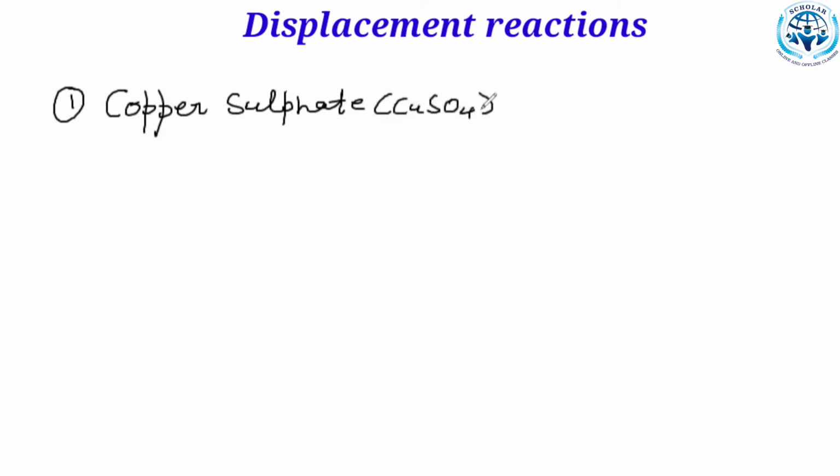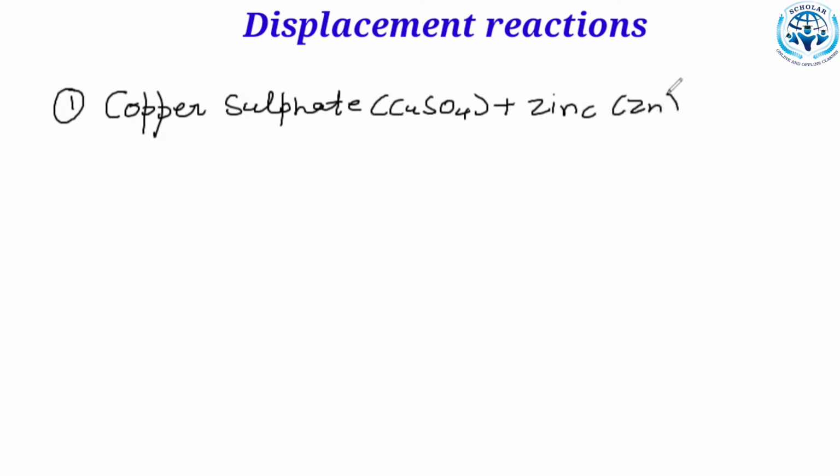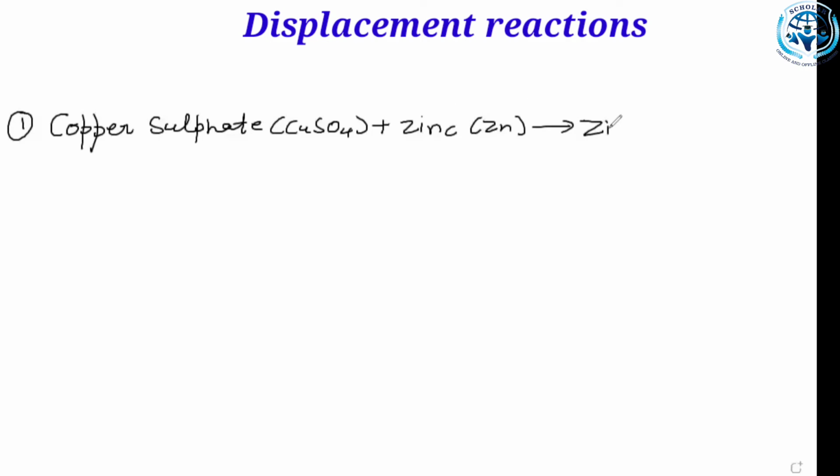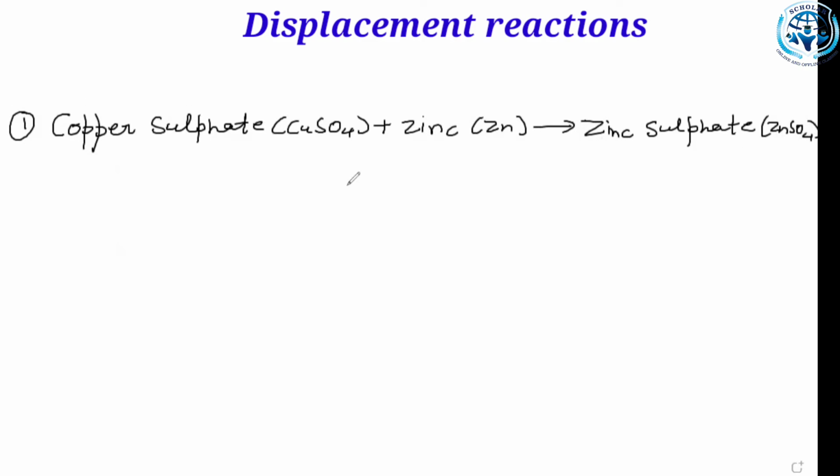In beaker A, copper sulfate is reacting with zinc, Zn. Zinc replaces copper from copper sulfate solution to form zinc sulfate, ZnSO4, and copper is displaced.